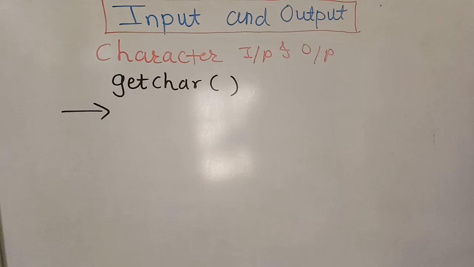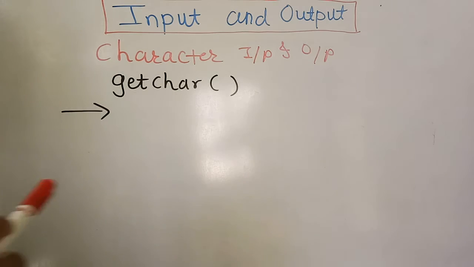What is the getchar function? At a time, it can only accept a single character from a user. This function is used to accept one character from the keyboard, and this may be any character from the character set. That is, it can be a printable or a non-printable character, only a single character having the size of 1 byte.